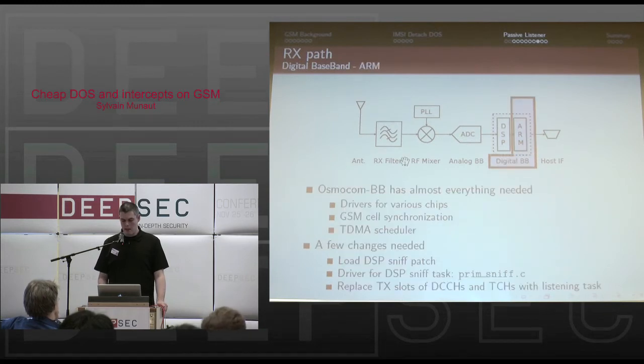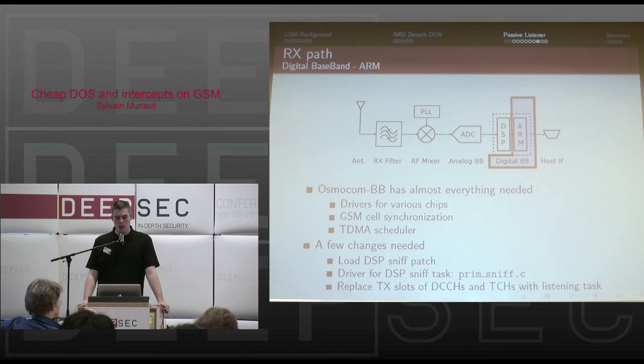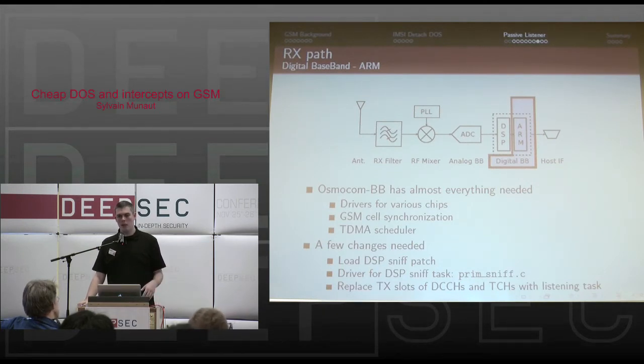Then you have the ARM processor. Osmocom-BB has drivers for almost everything in the ARM that we need, at least. It can drive the analog baseband and the mixer and everything.